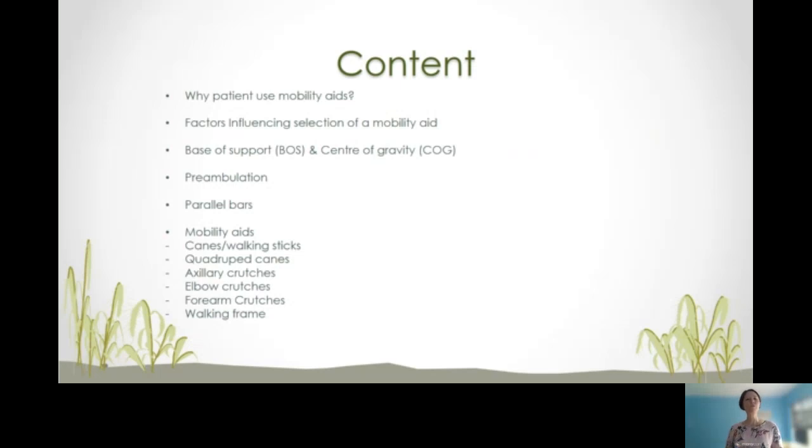The content that we will interrogate and that you will learn and experience in today's lecture will answer the following question: why do patients use mobility aids? Why do you think they need mobility aids?